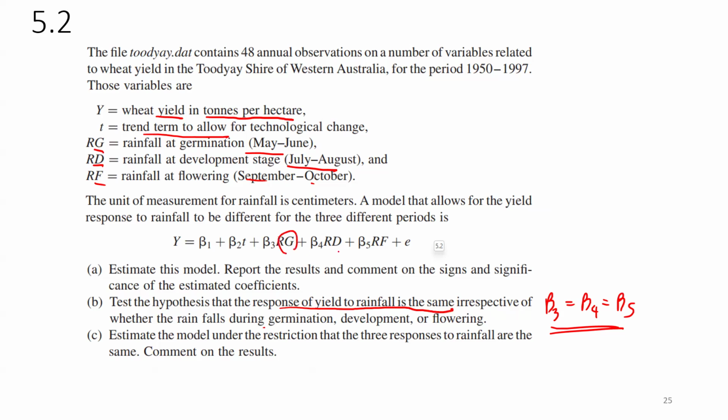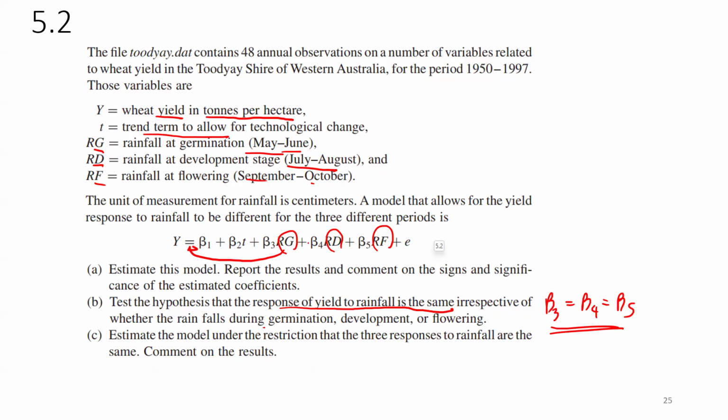Whether RG, RD, or RF, they all have the same effect on Y. Whether the rain falls in which month, May, June, July, August, September, October, they affect yield similarly.